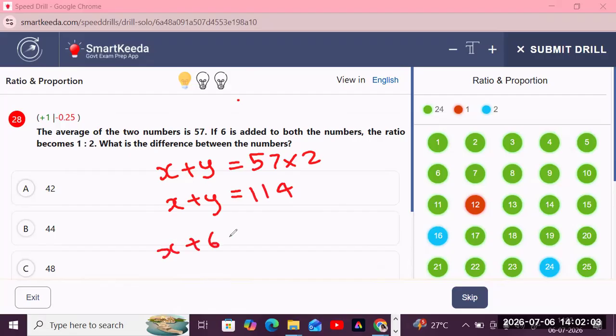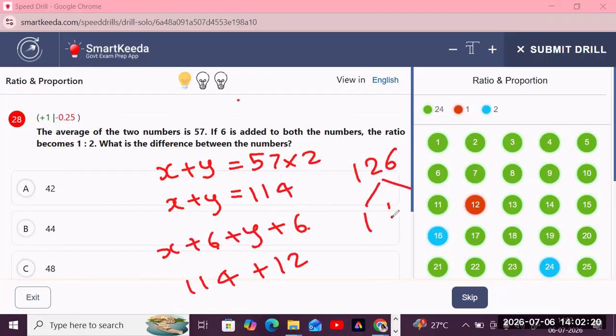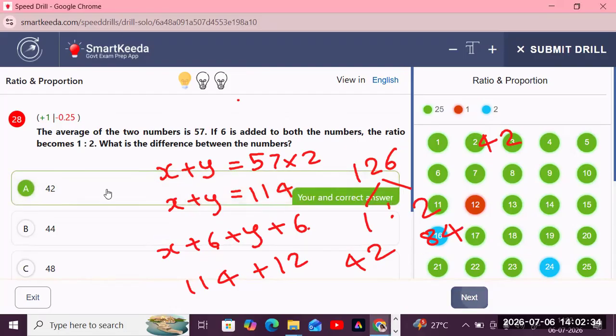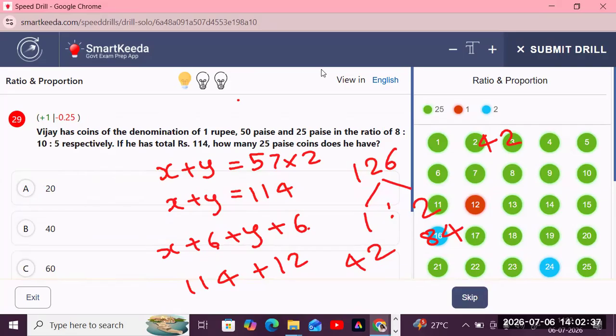If 6 is added to both the numbers, their ratio becomes 1/2. So 3, 4, 2, 42, 84. Find the difference between the numbers. It's 48. Next.